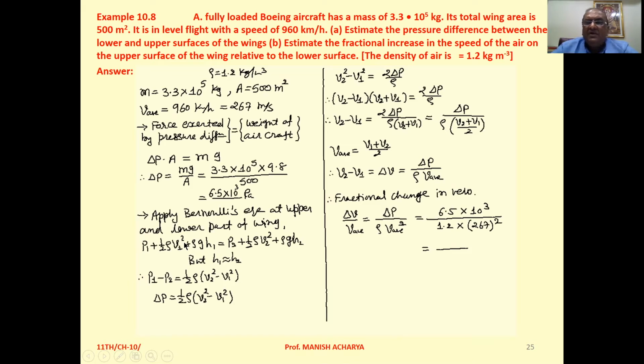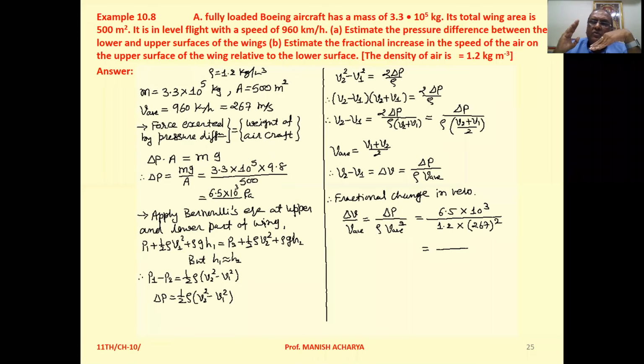Now if we apply Bernoulli's equation at two points, one at the lower part of the wing and another at the upper part of the wing, point 1 and point 2, we can write P1 plus half rho V1 squared plus rho g h1 is equal to P2 plus half rho V2 squared plus rho g h2. h1 is the height from the surface of the earth of point 1, which is at the lower part, and h2 is the height of the point at the upper part.